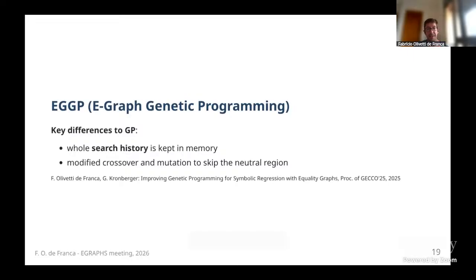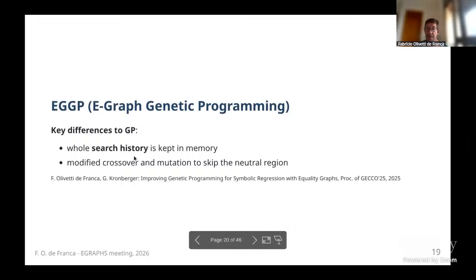But this version has two main differences from traditional GP. One is that we keep the whole search history in memory. Every single solution that we proposed is put in a single eGraph. So now the eGraph doesn't hold a single expression, but all the expressions that we have visited.